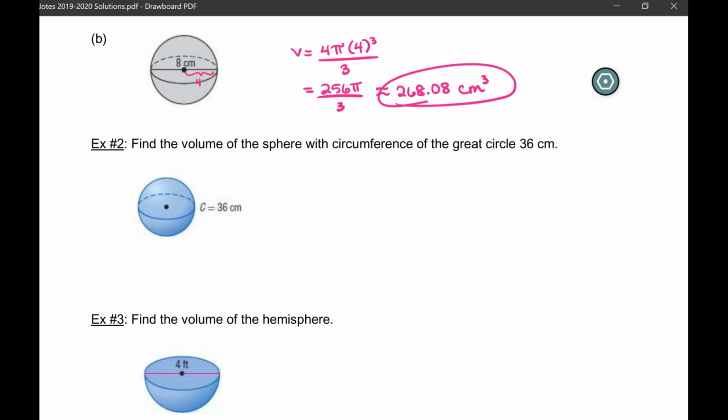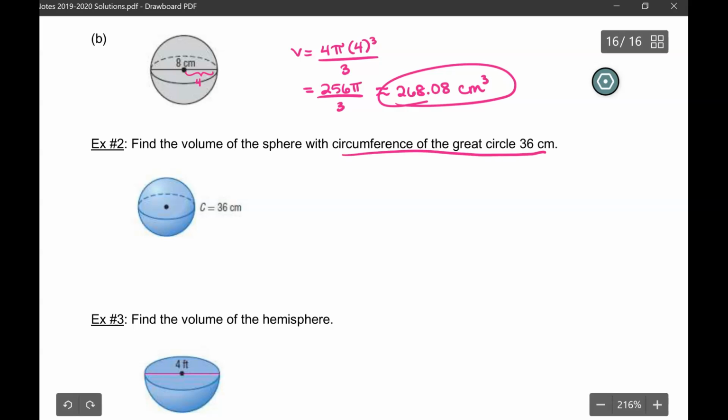Find the volume of a sphere with circumference of a great circle, 36 centimeters. Okay, so circumference of the great circle. Remember, the great circle is the circle where the center of the sphere is the center of the circle. So if circumference is 2 pi r, and that circumference is 36, I'm going to divide both sides by 2 pi.